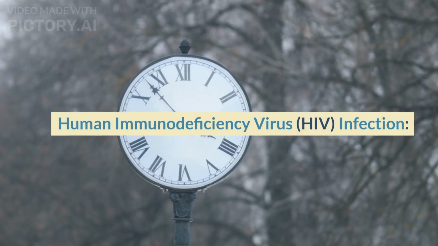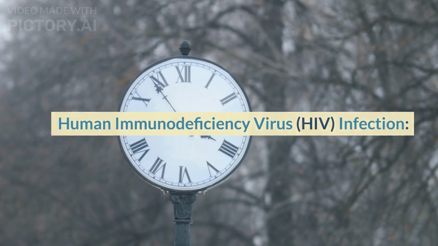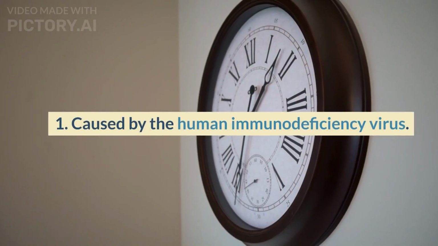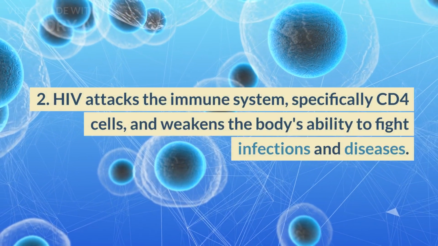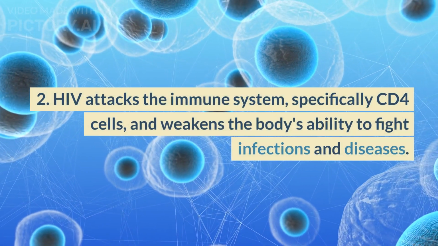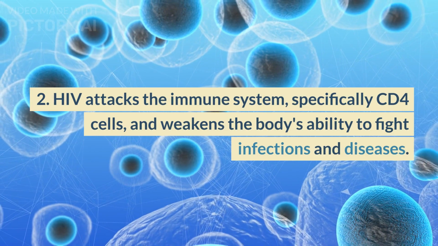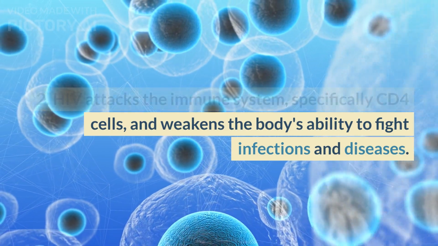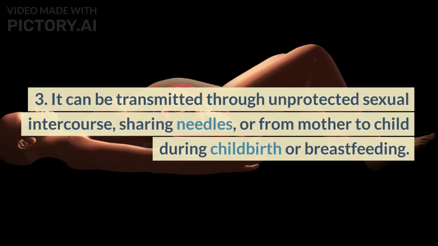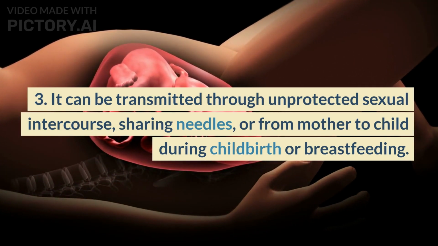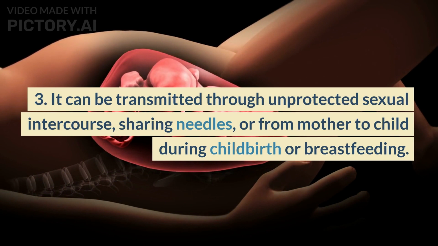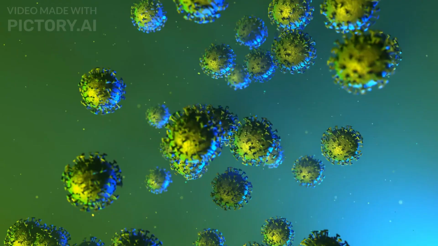Human immunodeficiency virus, HIV, infection. 1. Caused by the human immunodeficiency virus. 2. HIV attacks the immune system, specifically CD4 cells, and weakens the body's ability to fight infections and diseases. 3. It can be transmitted through unprotected sexual intercourse, sharing needles, or from mother to child during childbirth or breastfeeding. 4.